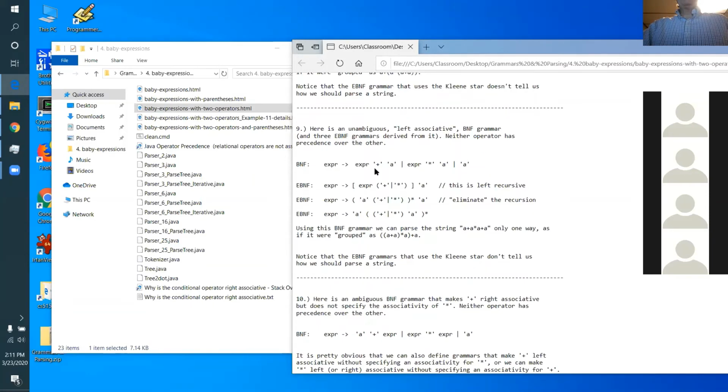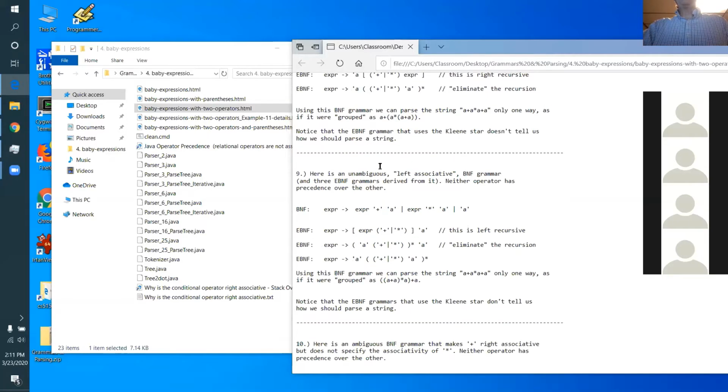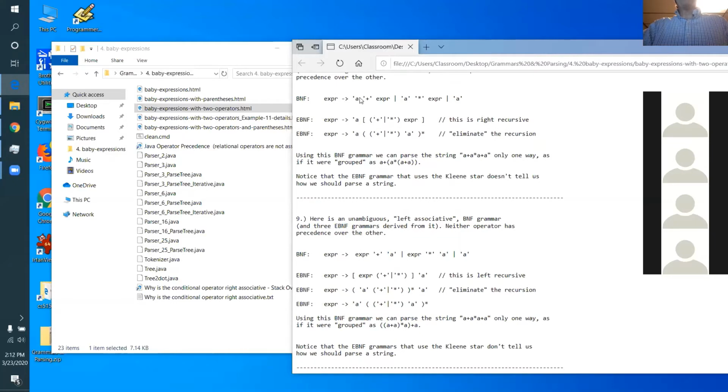Now, here we're trying to switch to left recursion to make it left associative. Here it becomes a little bit trickier, because over here you always had an A on the left, and then after the A you had the optional something else.